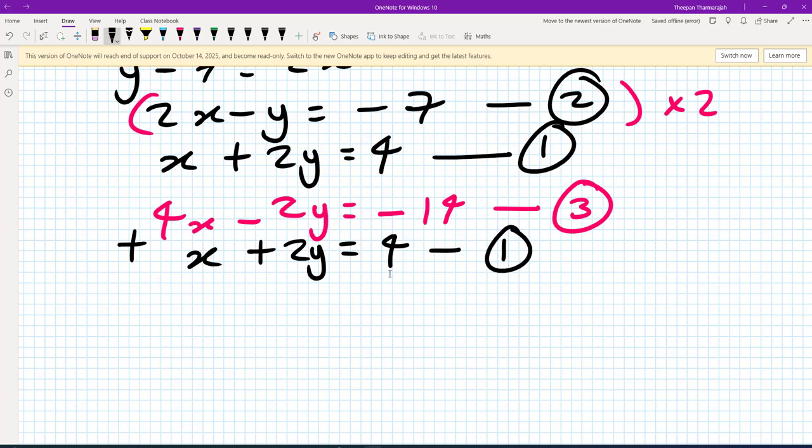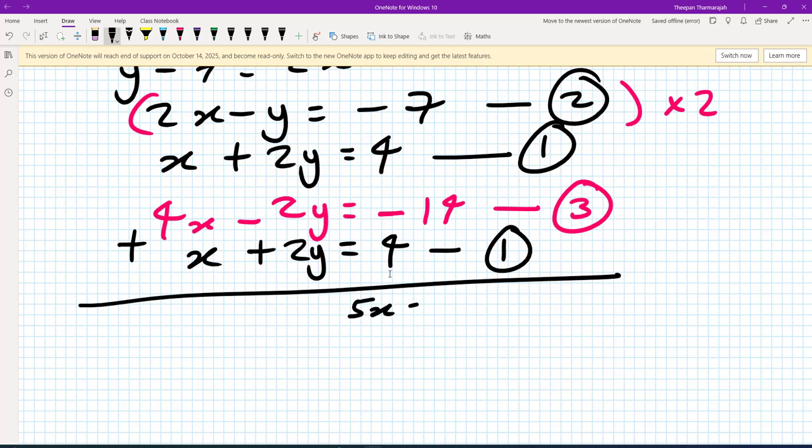So we're going to add both equations together. So 5x equals -10. x is -2.